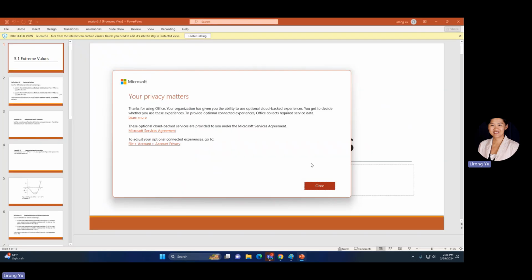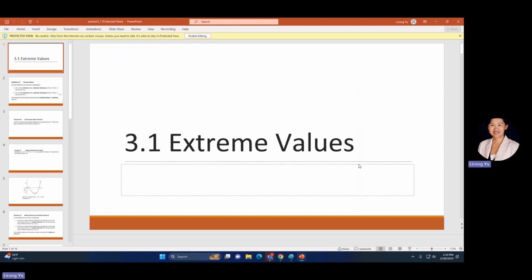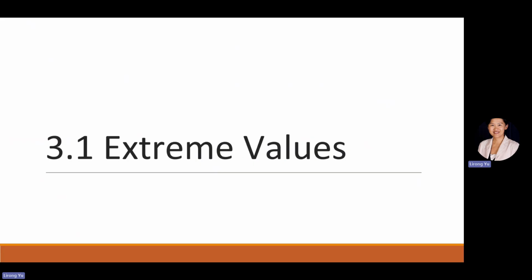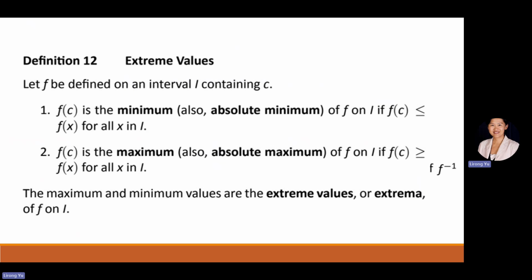The 3.1 we just started, the main idea in 3.1 is that we are able to use the derivative to identify possible locations of the maximum. So first we define what is the maximum value and what is the minimum value. There is a y value that is higher than all the other points, or a y value that is smaller than all other points.